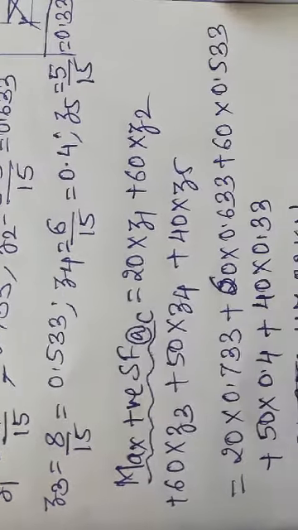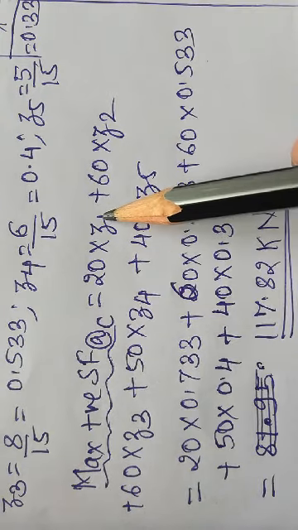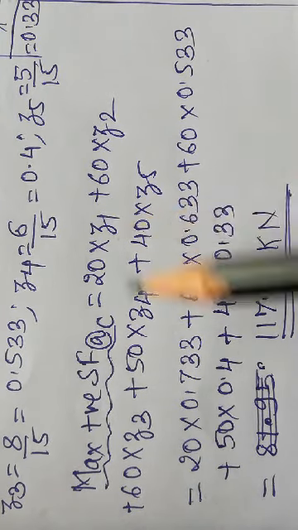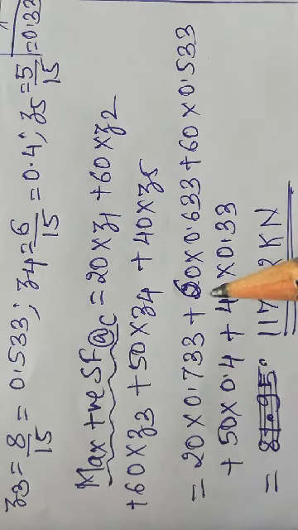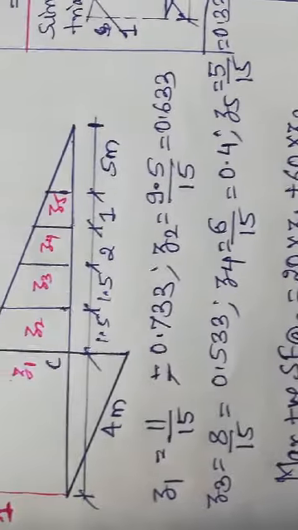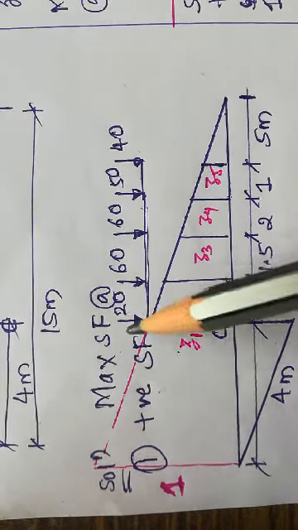Next, maximum positive shear force is given by the load multiplied by its respective ordinates. After doing the calculation, we will get it as 117.82 kilonewton. This is for maximum positive shear force.